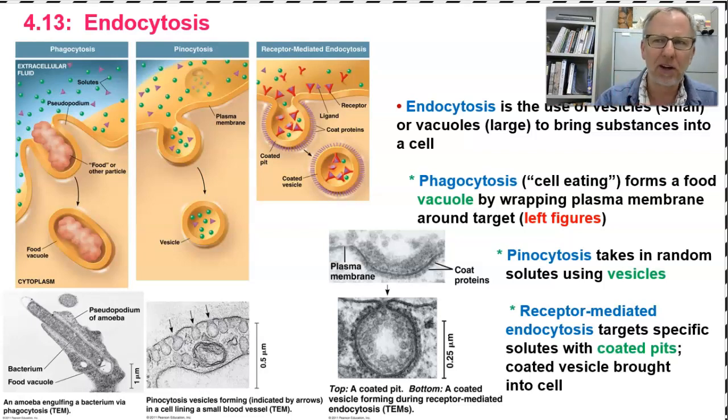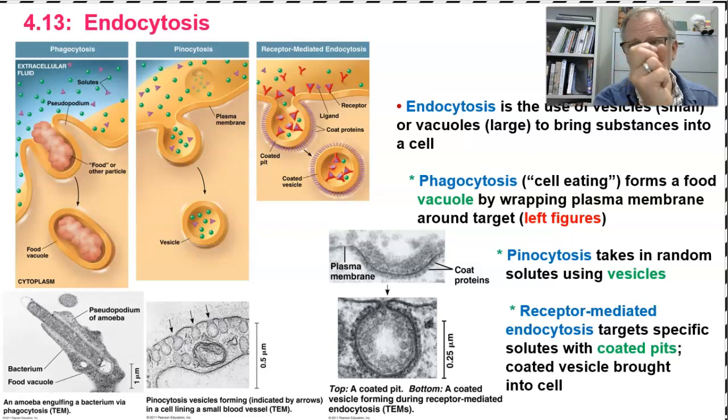Now the middle panel is showing you what's called pinocytosis, and this is loosely translated to cell drinking. So what happens here is the plasma membrane has little indentations in it, little cups in it. And those little cups, those little indentations fill up with fluid on the outside of the cell.